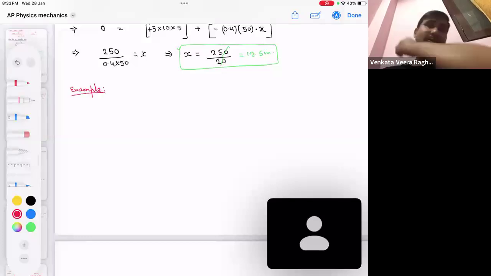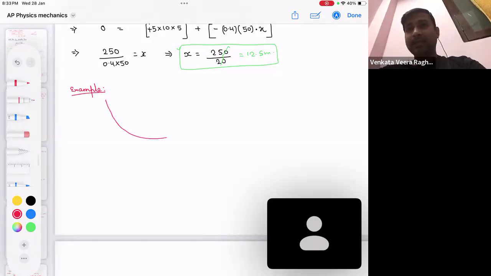In this example, what is given to us? Same track I am giving you, but this time everywhere it is a smooth surface. Same 5 kg block is there, and the height I am taking same again.